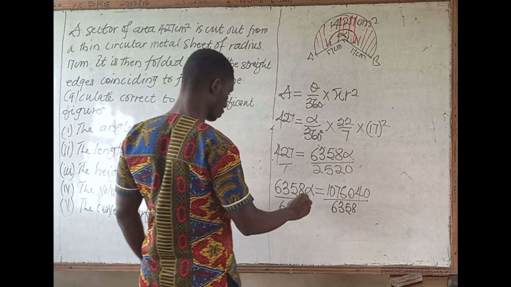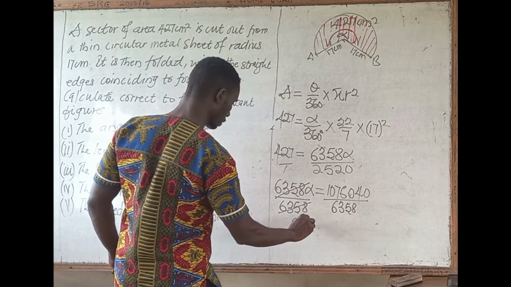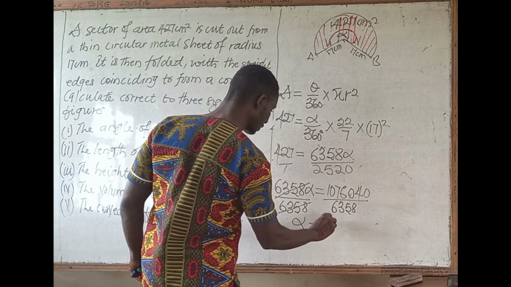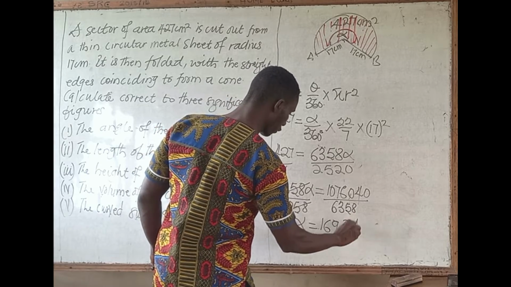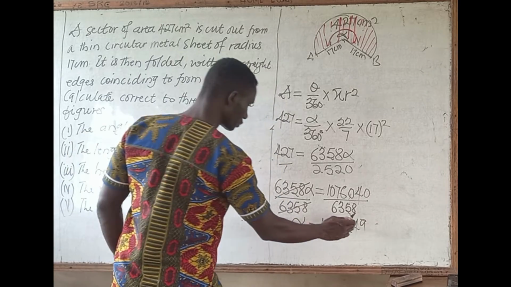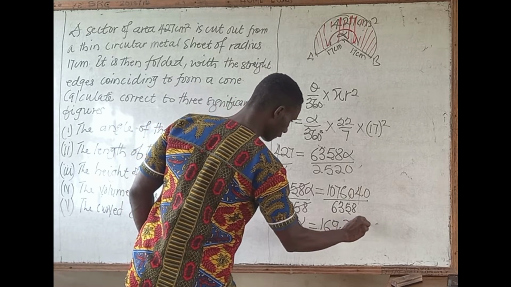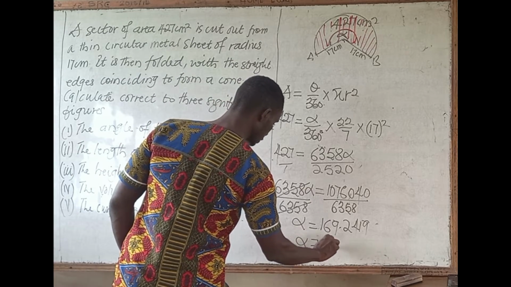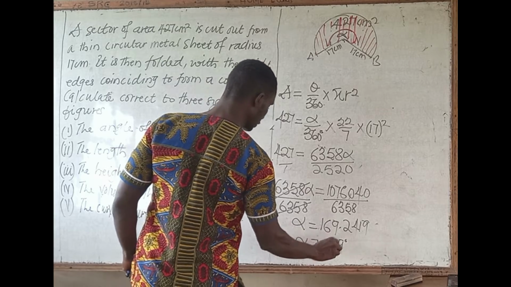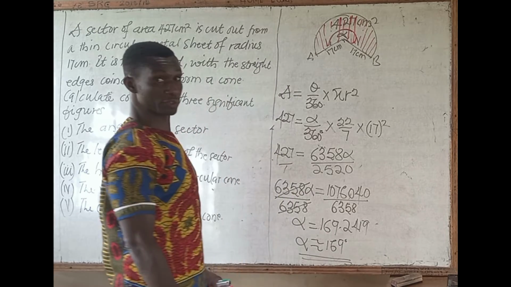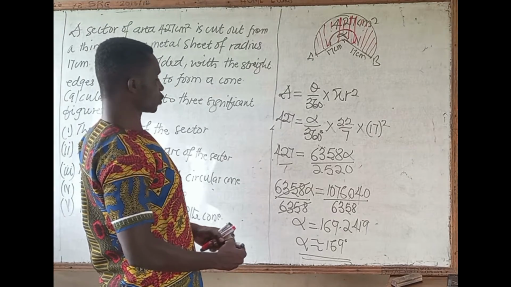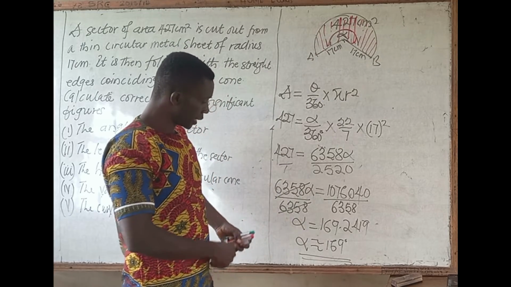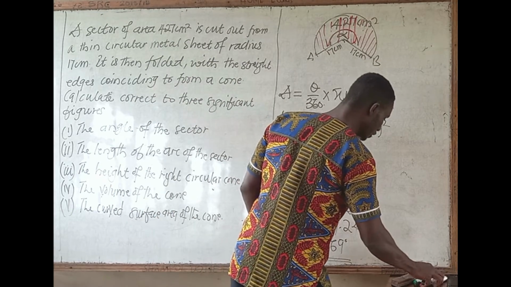So alpha is equal to 169.2419, which is approximately 169 degrees to 3 significant figures. So our angle, which gave an area of 427 centimeters square, is 169 degrees.